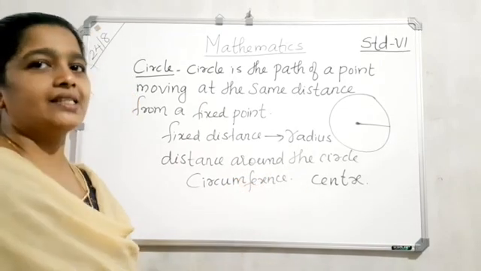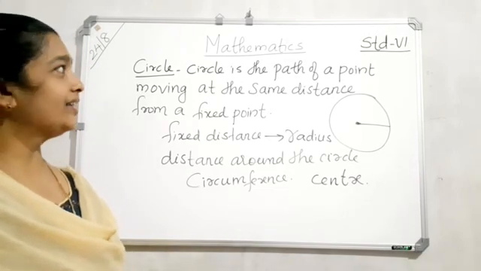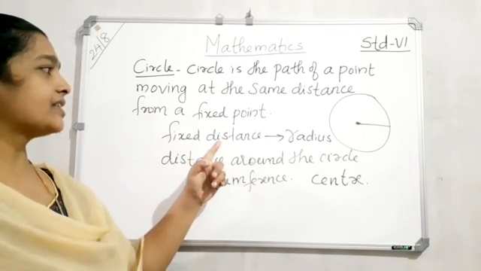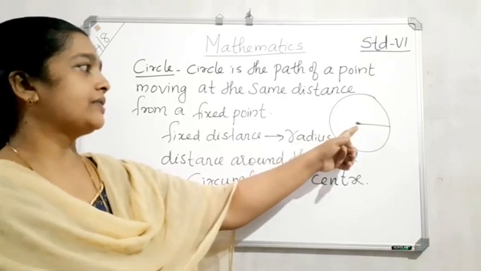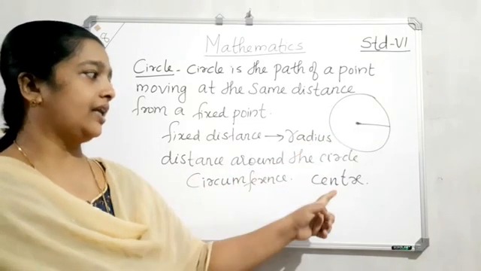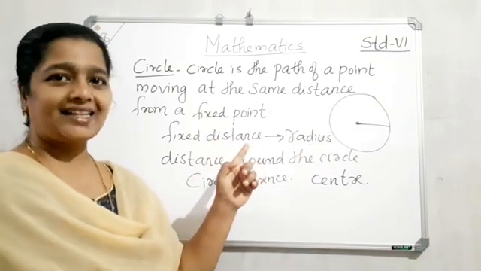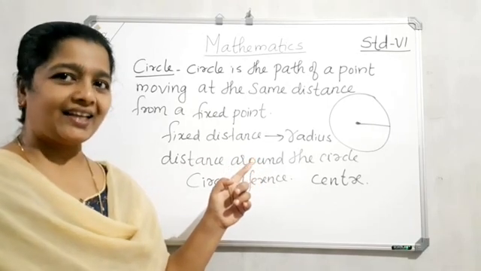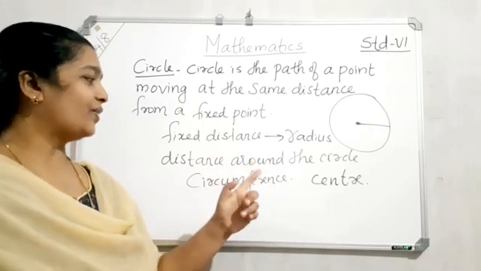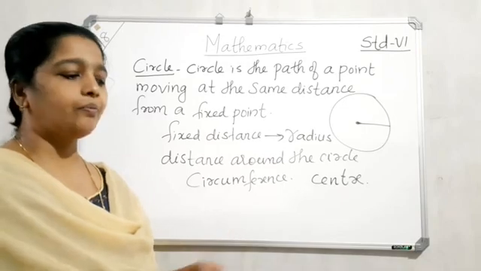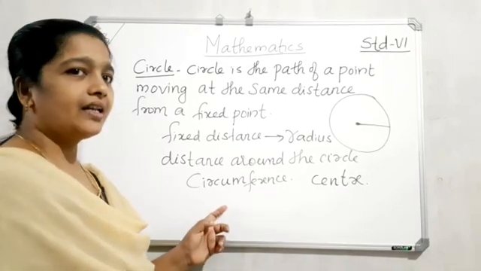Circumference of the circle. Once more, fixed distance from a fixed point. This fixed point is known as center, that fixed distance is known as radius, and distance around the circle is known as circumference. Understand?